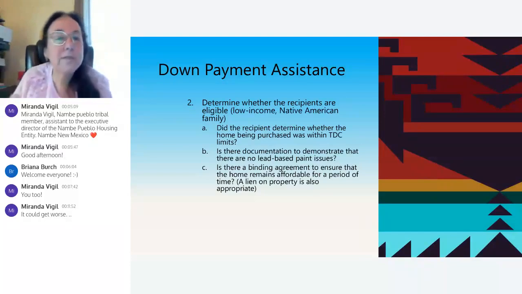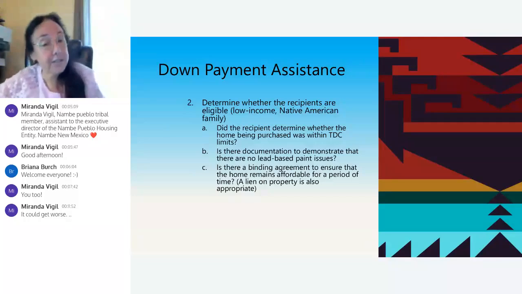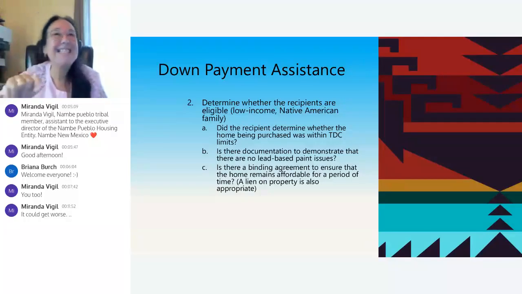Determine whether the recipients for your down payment assistance are eligible. Are they low income? Are they Native American? Did you determine whether the home being purchased was within the TDC limits? Now, we didn't discuss TDCs during this course. That's called total development cost. You can just put it in the search bar under the program guidances or the PIH notices.